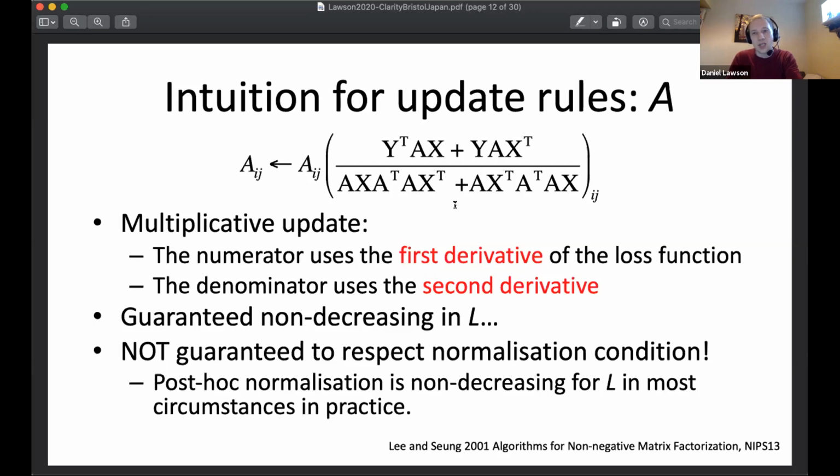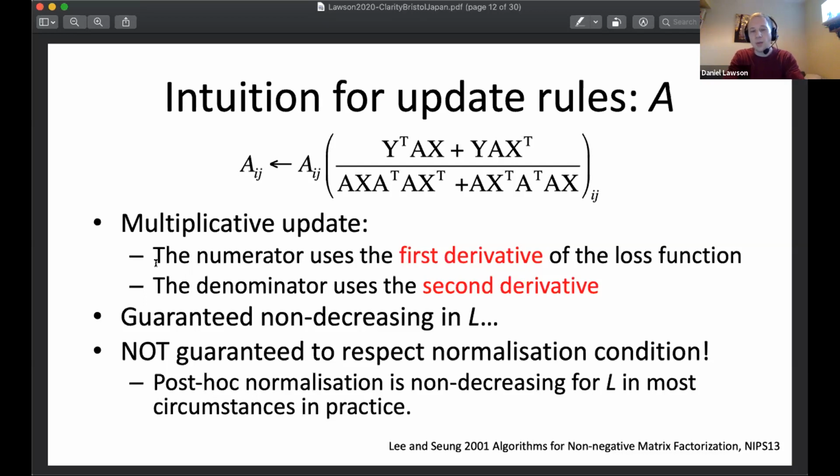Where this strange equation comes from is basically you take the first derivative of the loss function, that gives you the numerator, you get the second derivative for the denominator, and then there is an additional term when you do those derivatives, which is this one here, and everything else drops out. So this is not very hard to implement, and it is guaranteed to be non-decreasing in L from everything I've just said up to now.